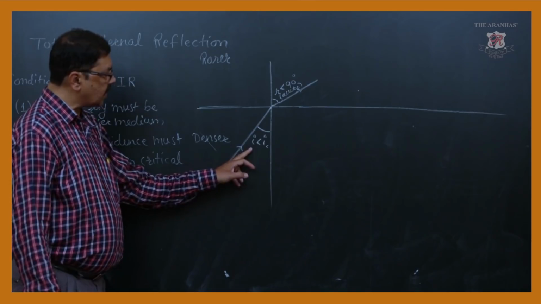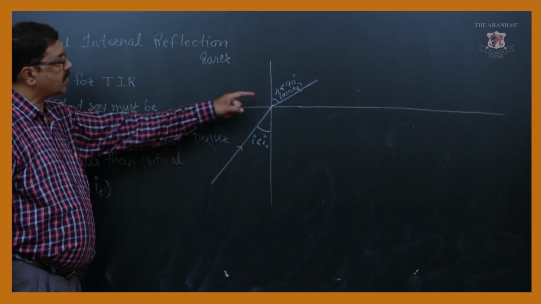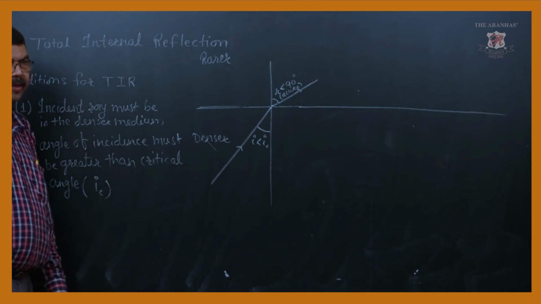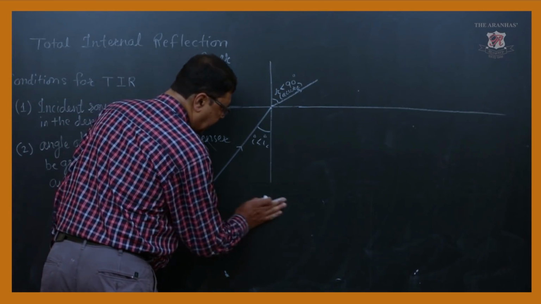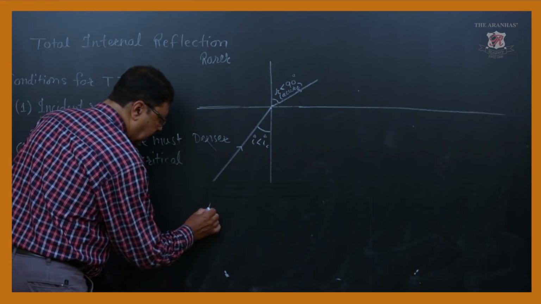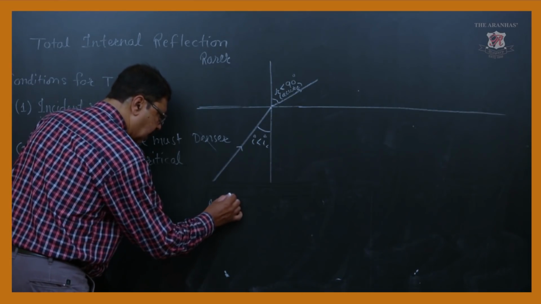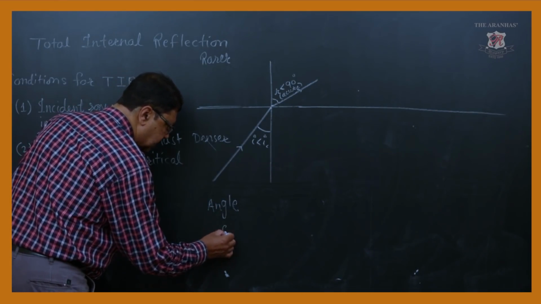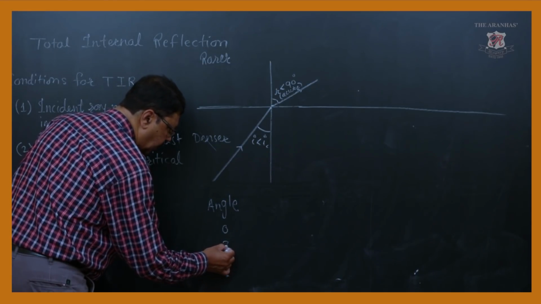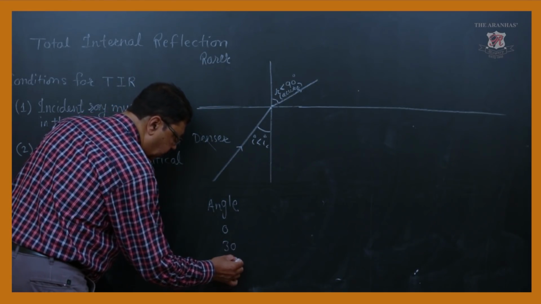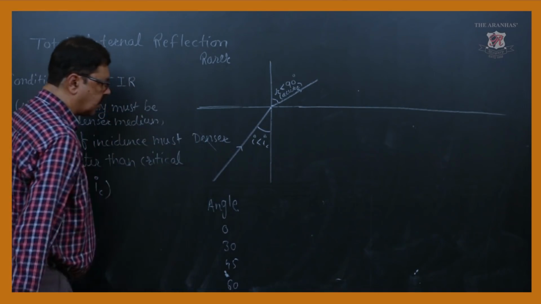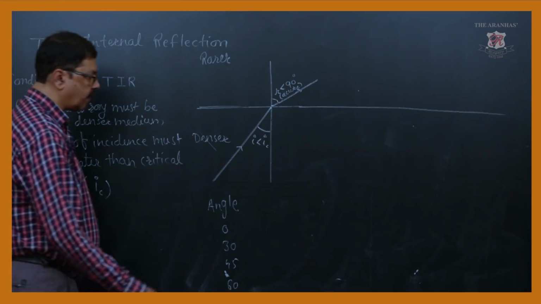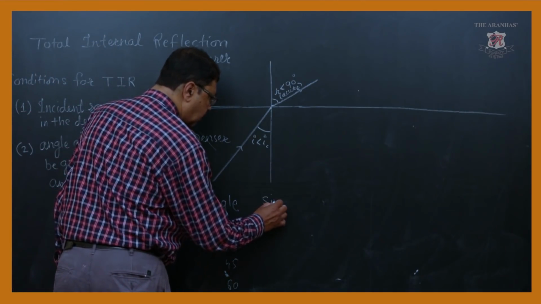Now if I increase angle of incidence, what do you expect to happen to angle of refraction? I'll write ratios here. I'll write angle for understanding. Angle is say 0, 30, 45, 60 and 90. These are angles in degree. What is sine ratio of the angle?